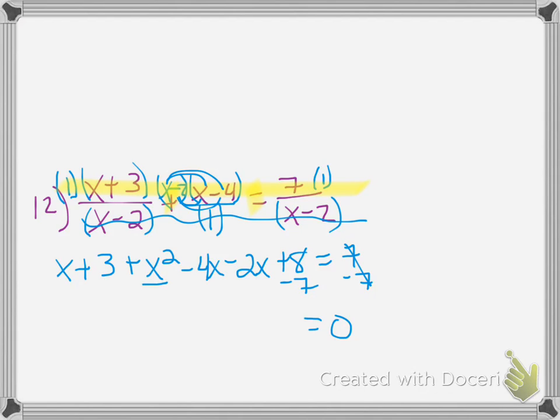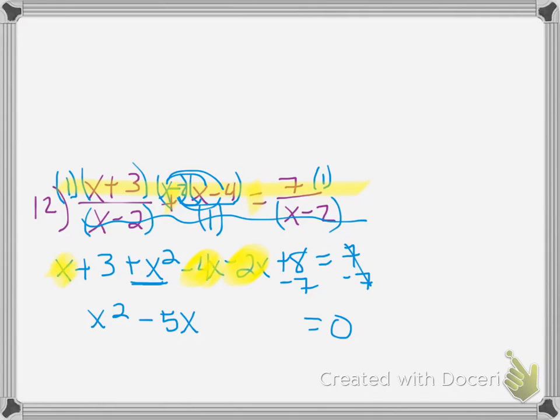Let's start combining. I've got x squared. There's nothing else that combines with it, so it's just x squared. Then I've got this x, and this negative 4x, negative 2x. So that's going to be negative 6x plus the 1, negative 5x.